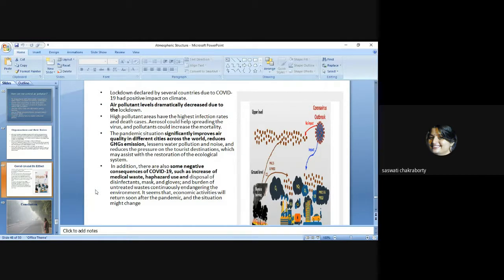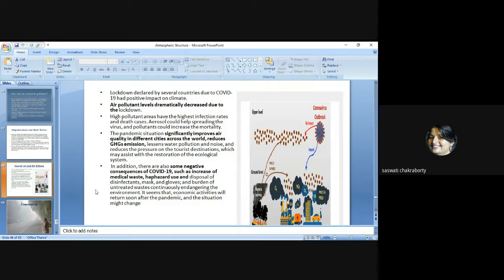Not only that, people were using sanitizers. It has been said that sanitizer use should maintain healthy limits, but constant use of sanitizers and disposal of masks, gloves, and other waste products did endanger the environment.